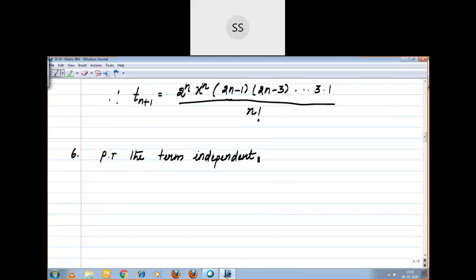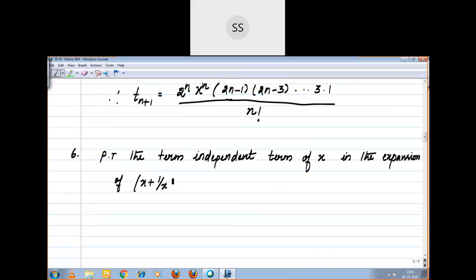Question number 6, what is it? See here. Prove that the term independent of x. The term independent means what I told you: the power of x should be 0. Right.